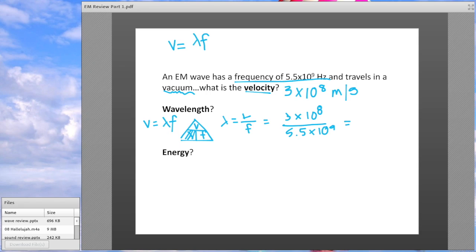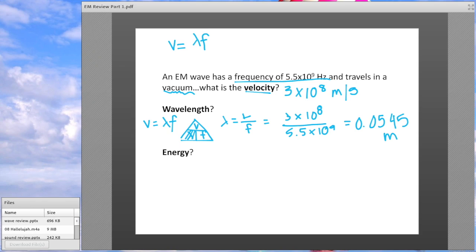And so then I'm going to have my 3 times 10 to the 8th over 5.5 times 10 to the 9. And this is the same wavelength formula or velocity formula that we use in our waves unit too, Caroline. So at least it's a formula that you've seen before.